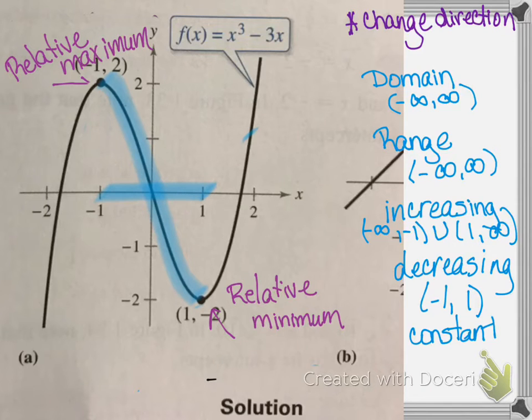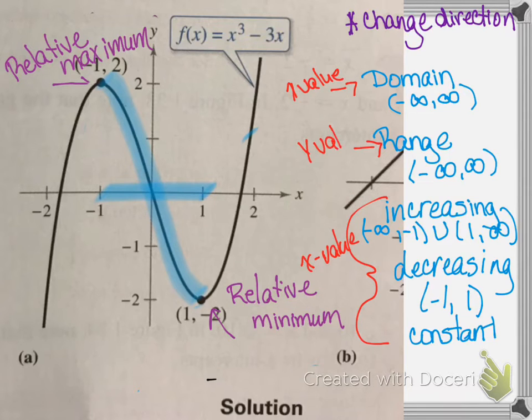Okay? So you are looking at the x-axis or the x values. So for domain, you look at x value. For increasing, decreasing, and constant, you're looking at the x value. Y value is range only.